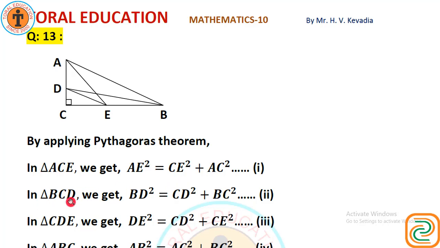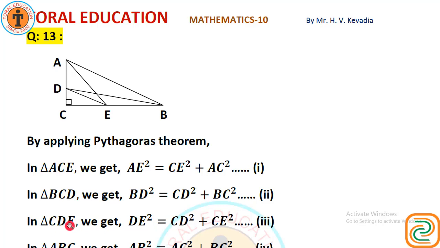Similarly, in triangle BCD, this small triangle, BD square equals DC square plus BC square, CD square plus BC square.